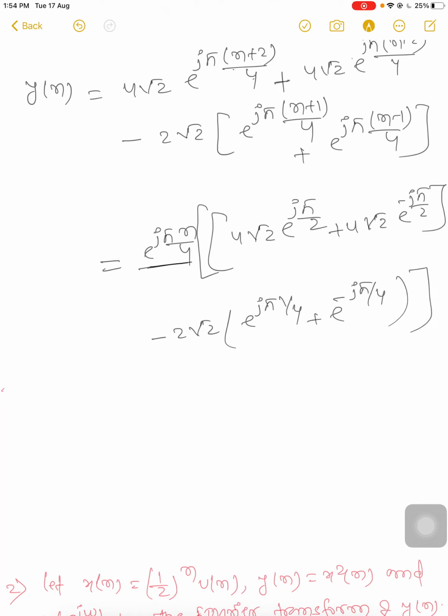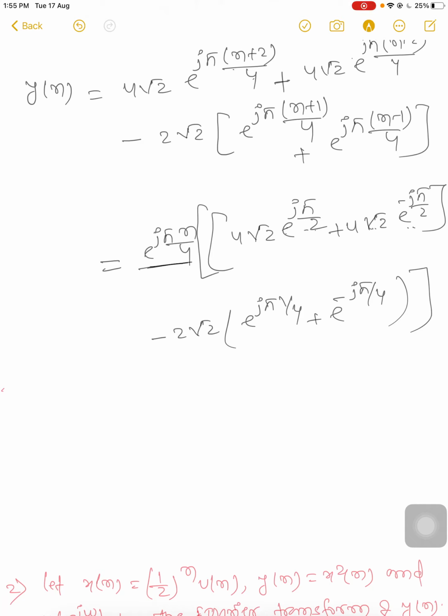From Euler's formula, e to power j pi by 2 is cos pi by 2 plus j sin pi by 2, and here cos pi by 2 minus j sin pi by 2.